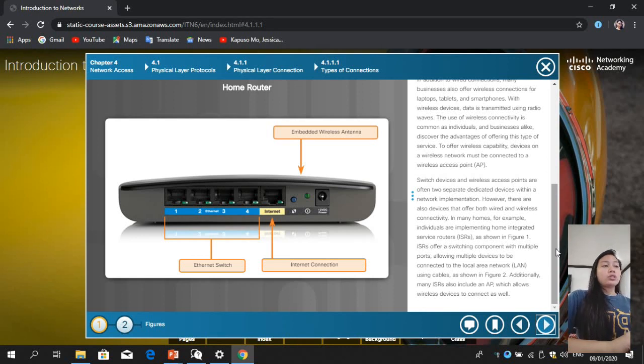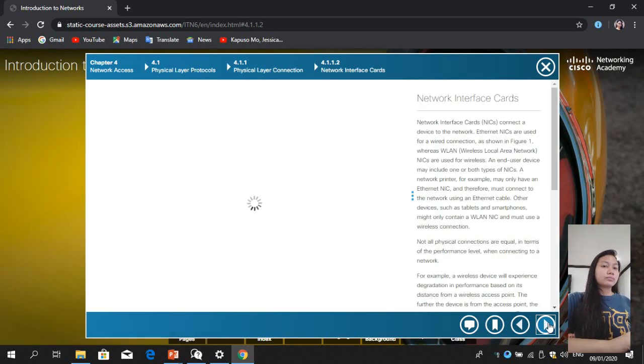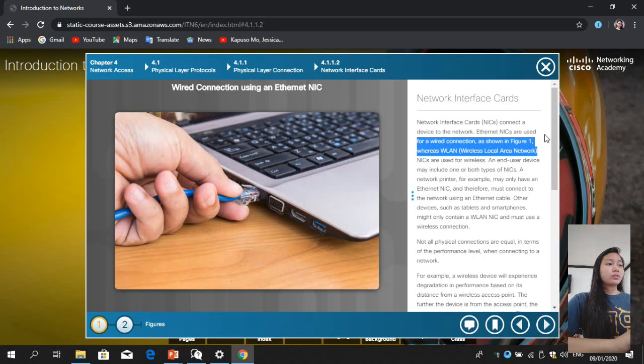The home router has an embedded wireless antenna, internet connection, and Ethernet switch. Network interface cards connect a device to a network.